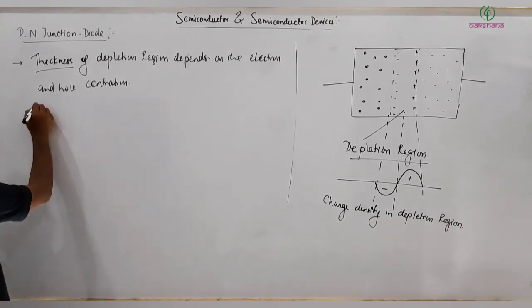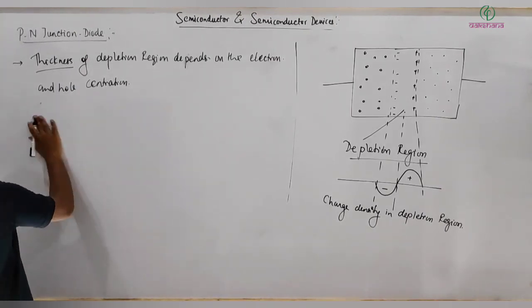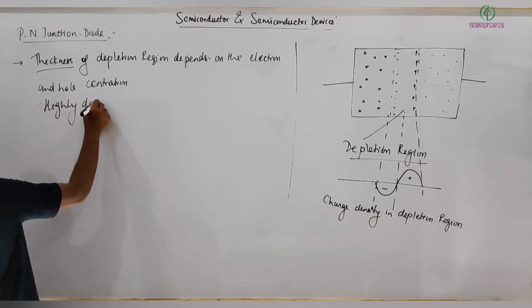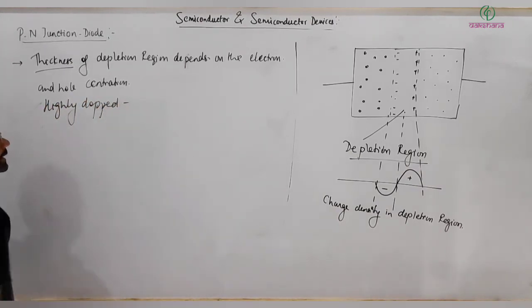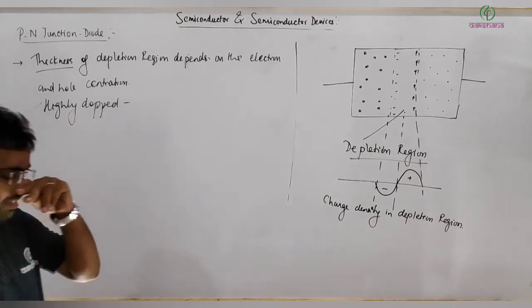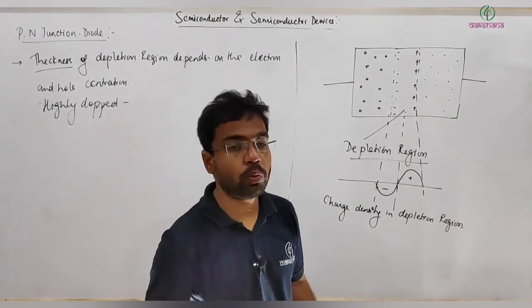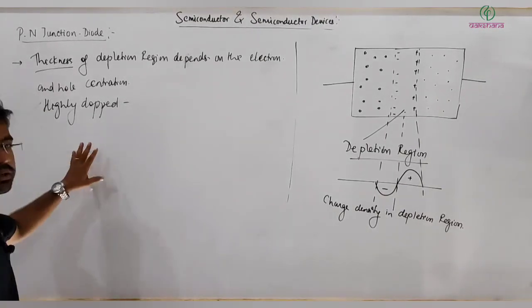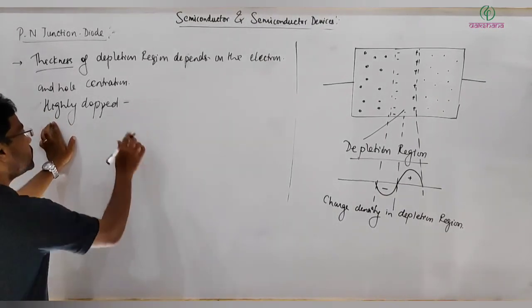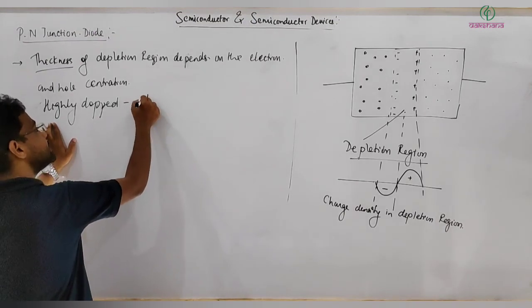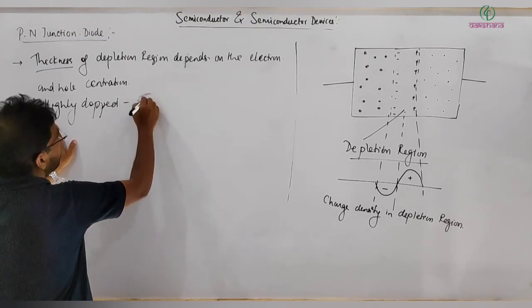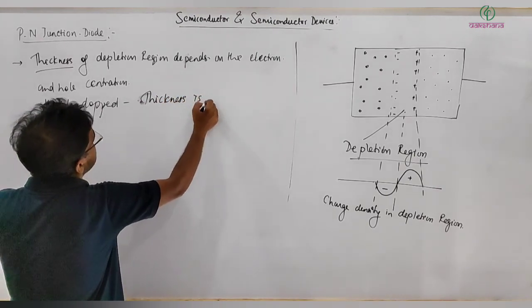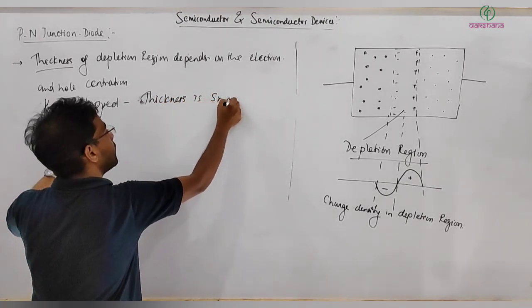If it is highly doped, what do you think? Should the thickness be higher or lower? Because it is highly doped, maybe you can say more diffusion will take place. No, yes, the diffusion will be more, but in highly doped, the thickness is less. The thickness of the depletion region is small.